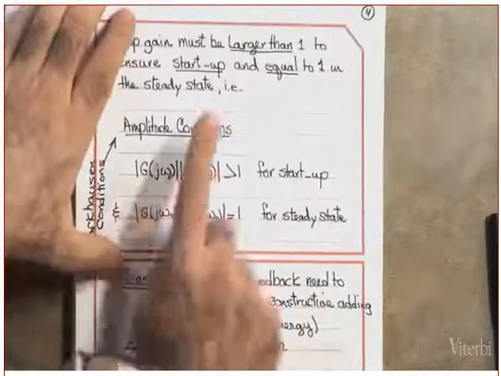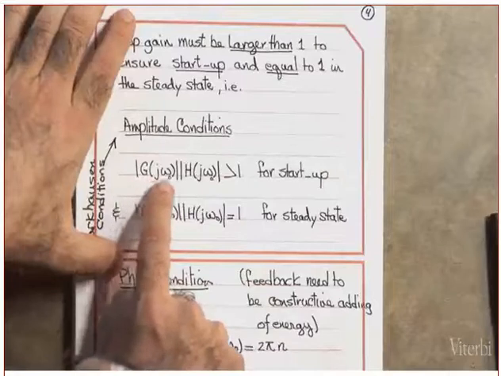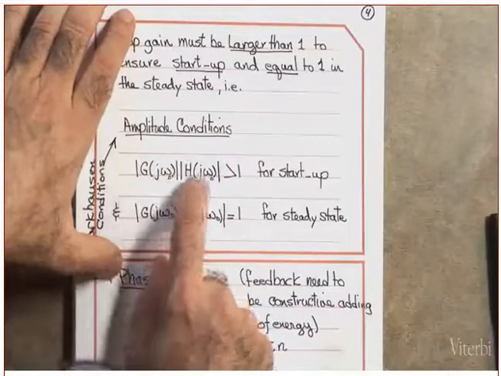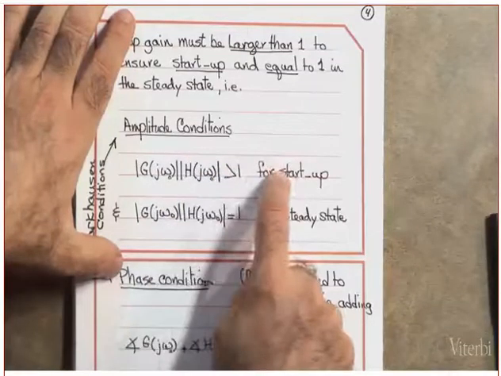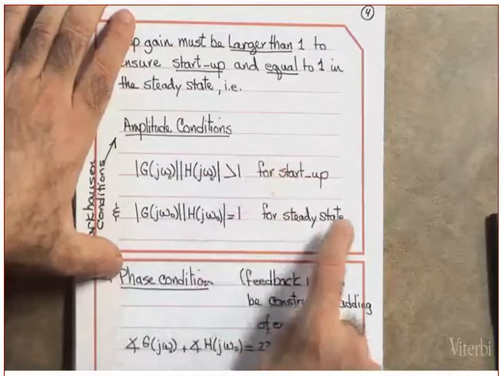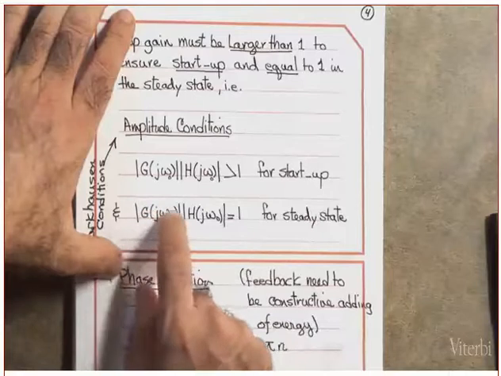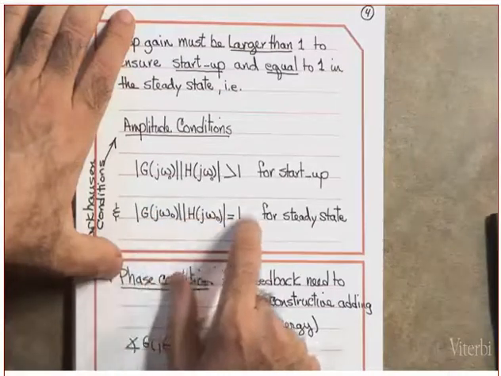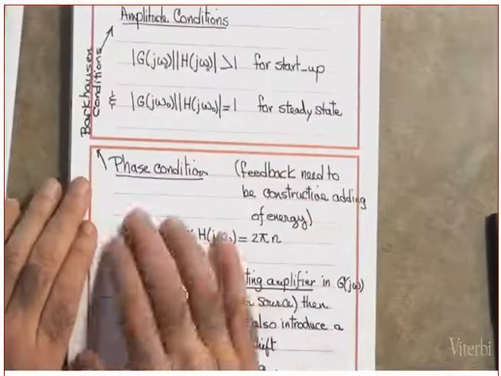These are the magnitudes. The absolute value of G of J omega naught times the absolute value of H of J omega naught has to be greater than 1 for startup. And for steady state, I would like the absolute value of G of J omega naught times the absolute value of H of J omega naught to equal 1. Clear?